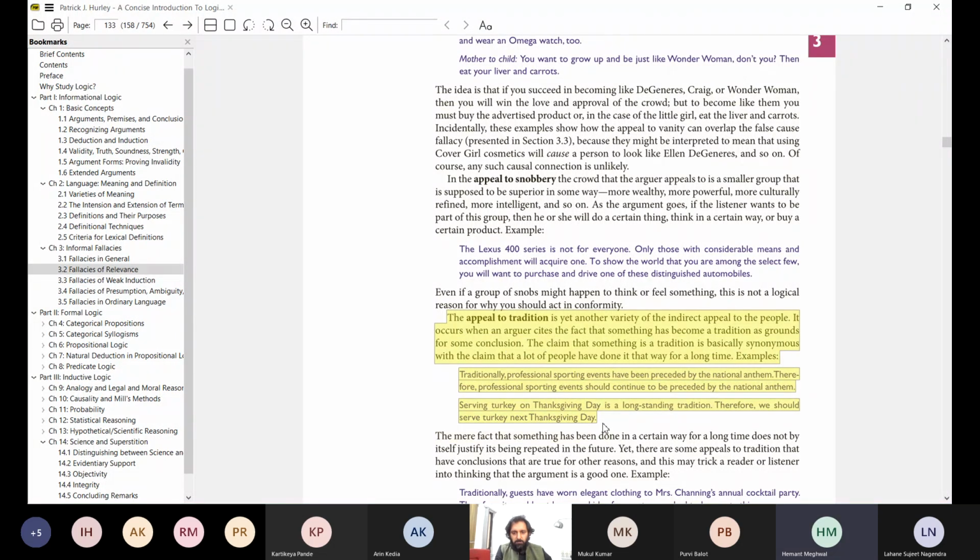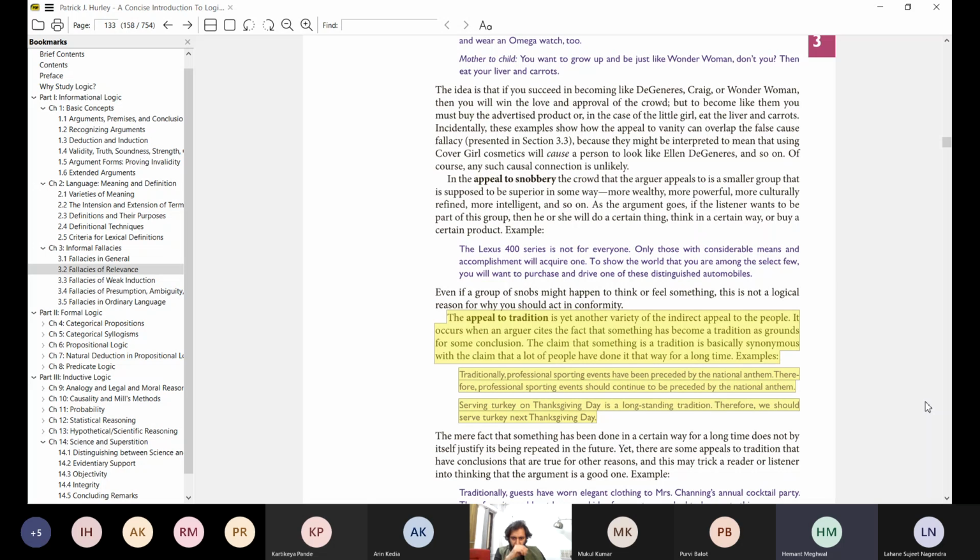The appeal to tradition is yet another variety of the indirect appeal to the people. It occurs when an arguer cites the fact that something has become a tradition as grounds for some conclusion. The claim that something is a tradition is basically synonymous with the claim that a lot of people have done it that way for a long time.